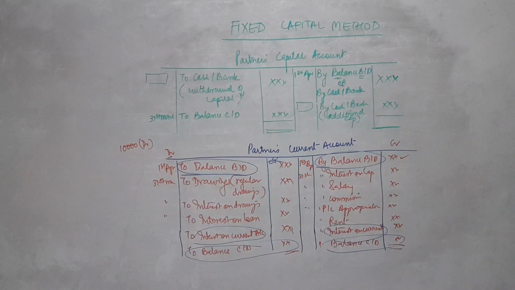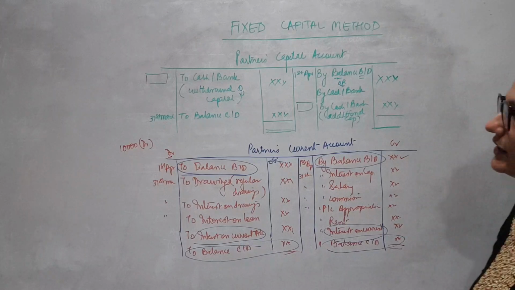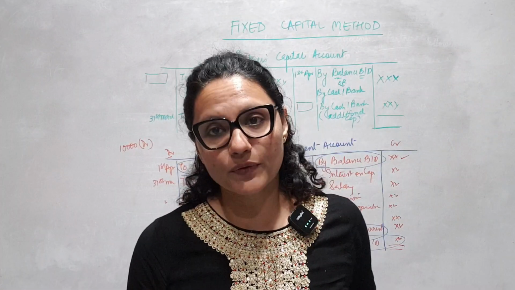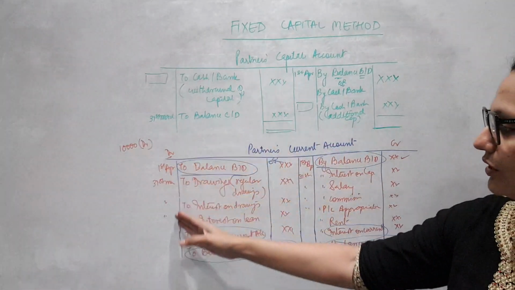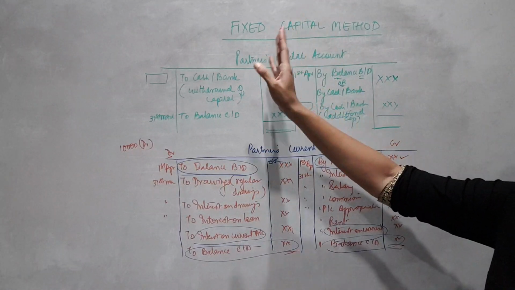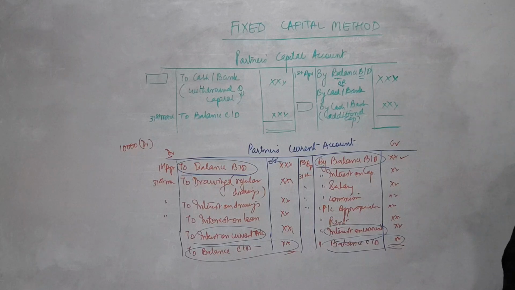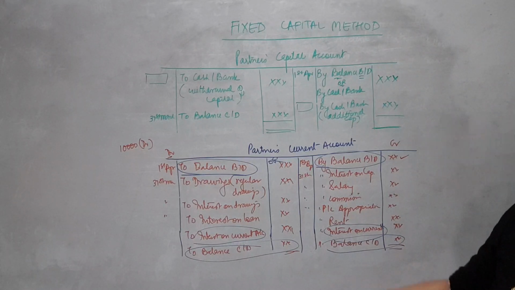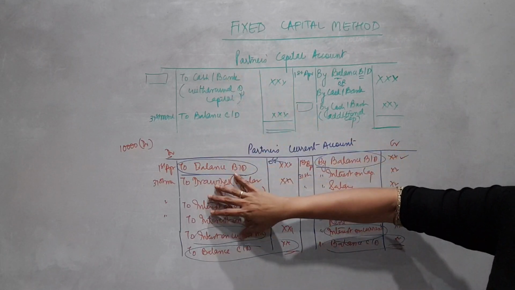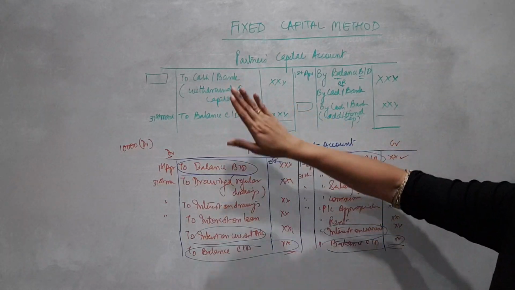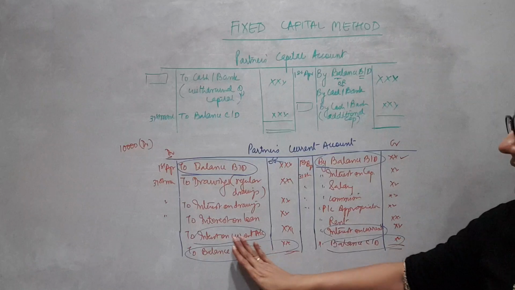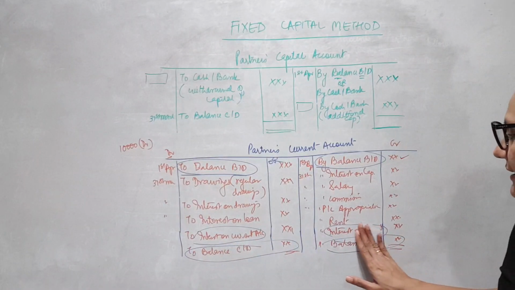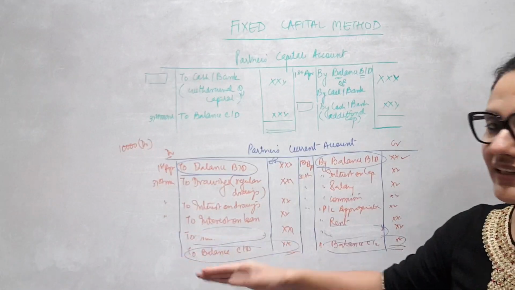Fixed and fluctuating capital. Under fluctuating capital, of course, I don't have any current account. So all of this goes to capital. No distinction, right? So obviously the regular drawings also will be debited to capital. The withdrawal of capital will also be debited to capital. Of course, there will be nothing like interest on current account in that case because there is no current account.